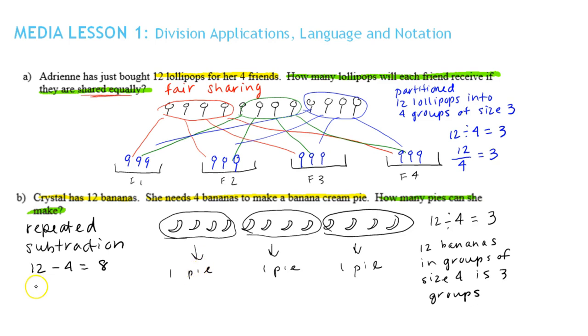We've made 1 pie. Subtract off another 4. We've made 2 pies, and we have 4 bananas left. And subtract off another 4. We have 0 bananas left, and there are 3 groups of 4. As opposed to here, the 4 groups of 3.